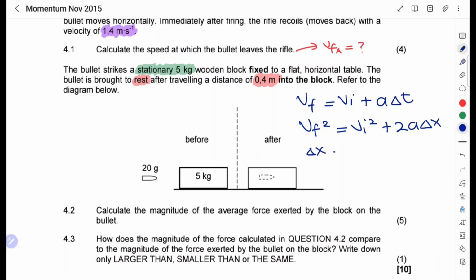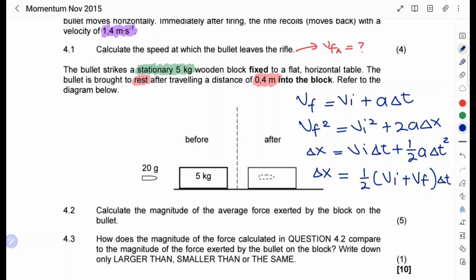We have delta x equals Vi times delta t plus 1 over 2A delta t squared. And lastly, we have displacement equals a half into Vi plus Vf times delta t.